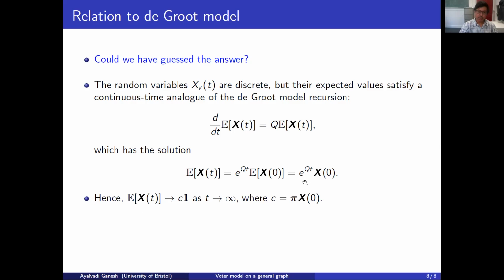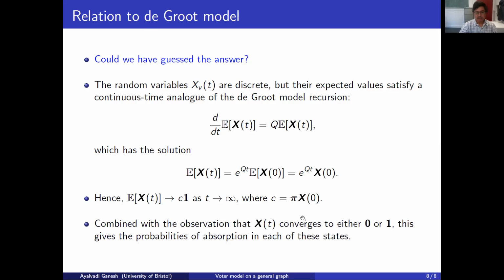So if you work out e to the Qt, the dominant eigenvector of this is the all-one vector, and so this has to converge to a multiple of the all-one vector. And by taking expectations, you can work out that C is this quantity, because expectations are conserved over time. So C has to be this thing.